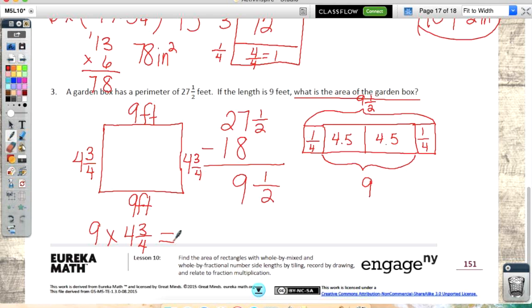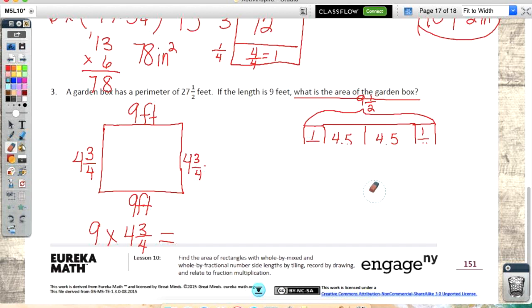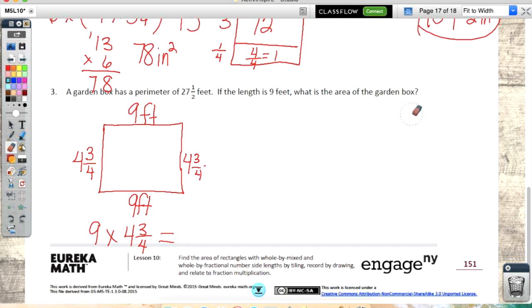Hopefully you left more room than I did to write. I'm going to erase this stuff so I can solve it. You want to use the area model? Solve it numerically? I think we'll do both because I want you to do both on the exit ticket. So here's my problem: 9 times 4 3/4.